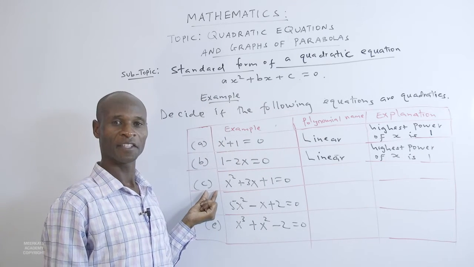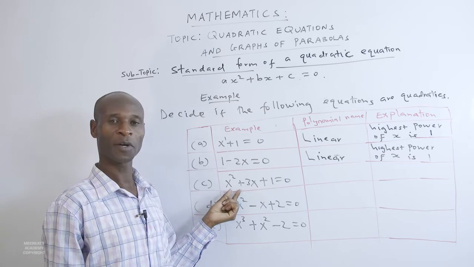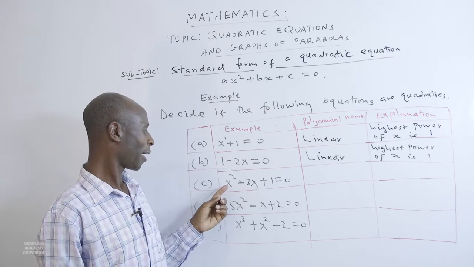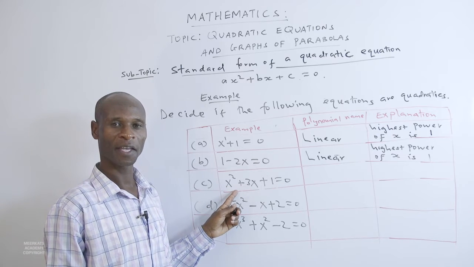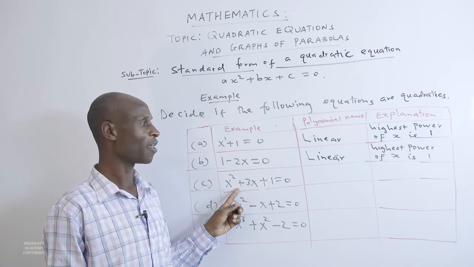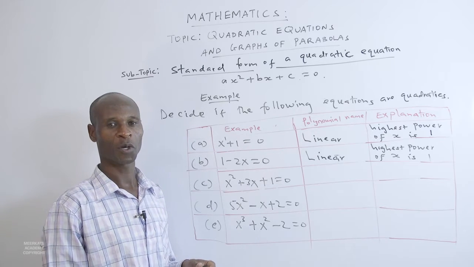In the third case, part C, we have x squared plus 3x plus 1 is equal to 0, and the highest power in this case is 2. The highest power of x is 2, and therefore the equation is quadratic.